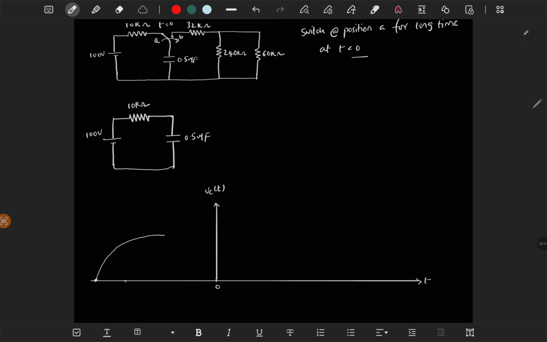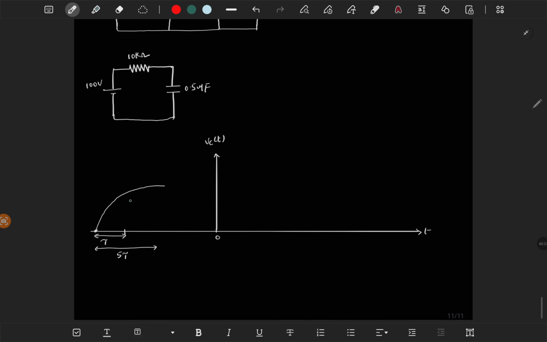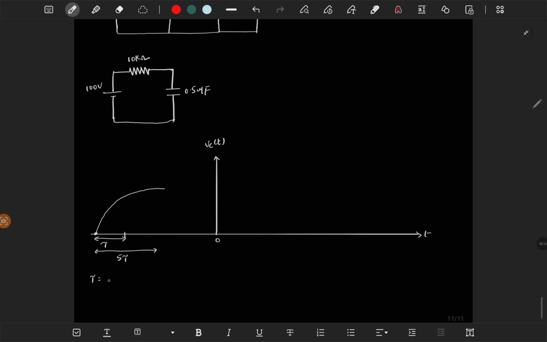Here I am writing time constant, and this is five tau. So the time constant is RC. We don't know this time, so better if you write this is time constant and this is five tau. What is tau? It is RC.